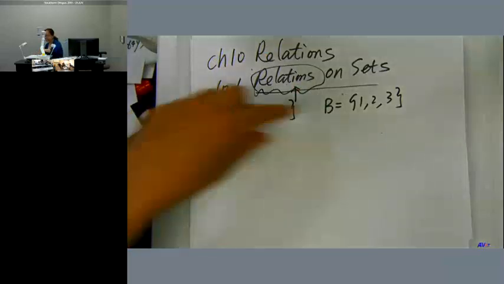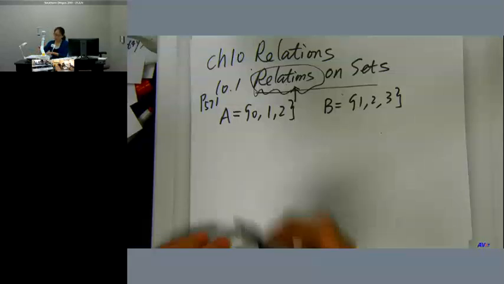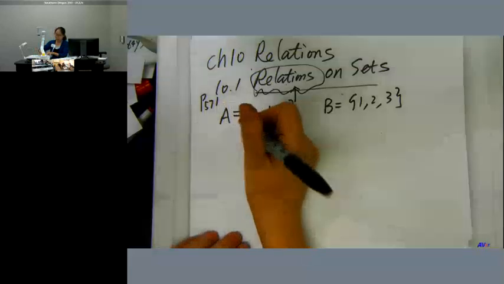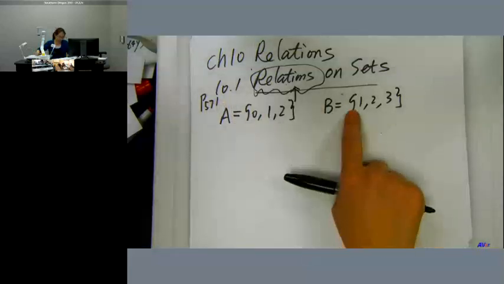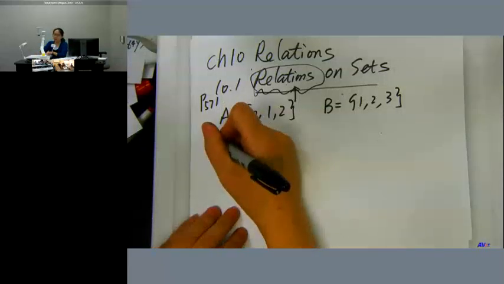We have two sets, A and B. Usually when we talk about relations, you have two people or two numbers, or two triangles, or two of anything. But you do have to define where they come from. So, for example, I will say the first number will come from A and the second number will come from B.